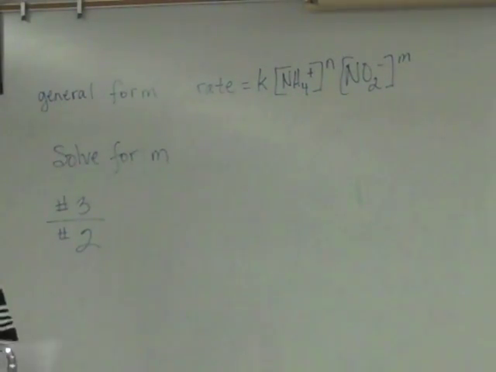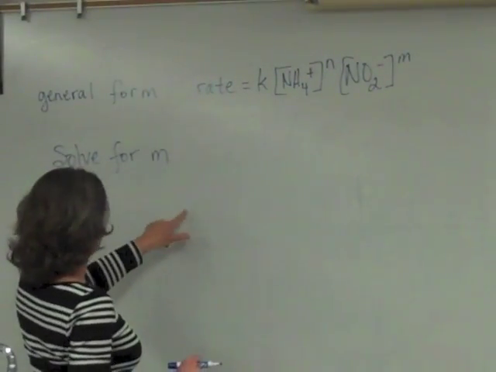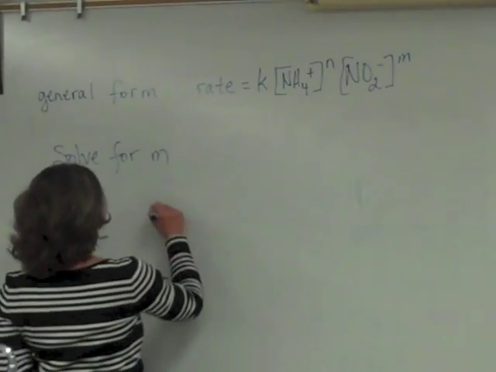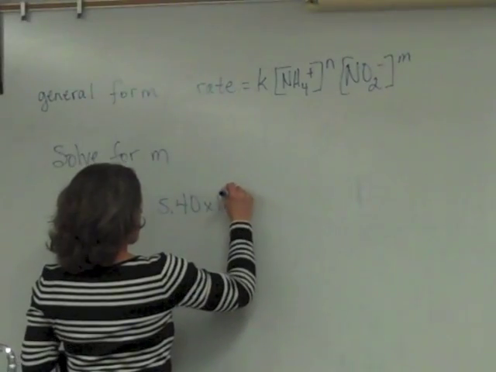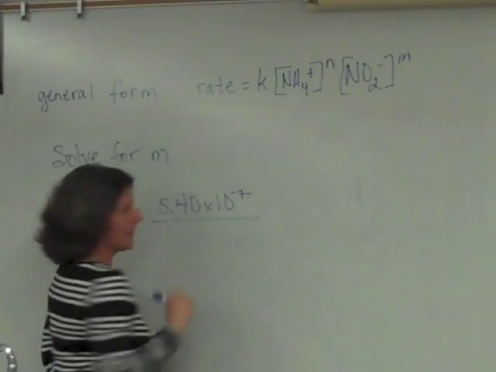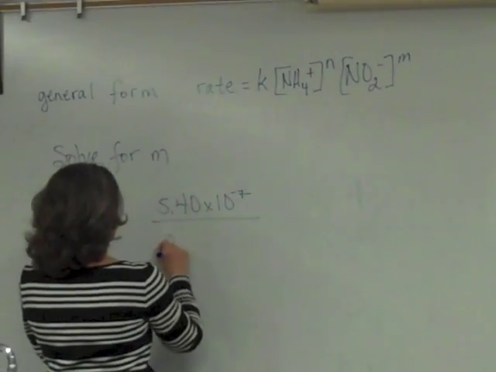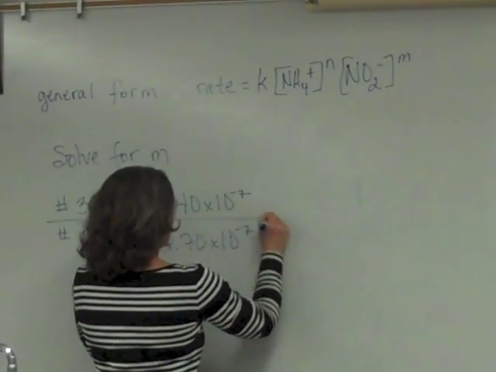So let's just pull it all down. The rate for experiment number 3 was what? 5.40, and the rate for experiment number 2 is 2.7 times 10 to the minus 7.